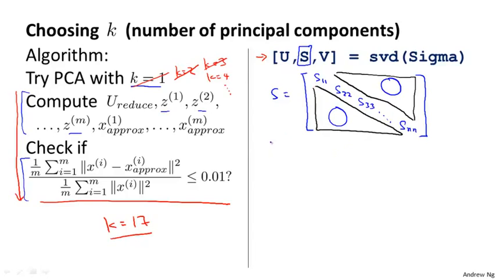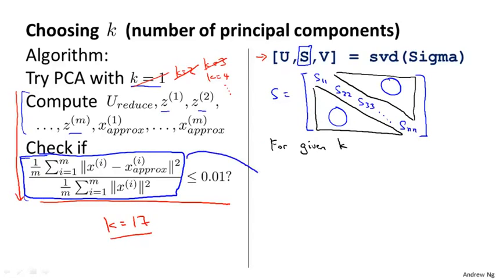What is possible to show, and I won't prove this here, is that for a given value of k, this quantity over here can be computed much more simply, as 1 minus the sum from i equals 1 through k of Sii divided by the sum from i equals 1 through n of Sii.